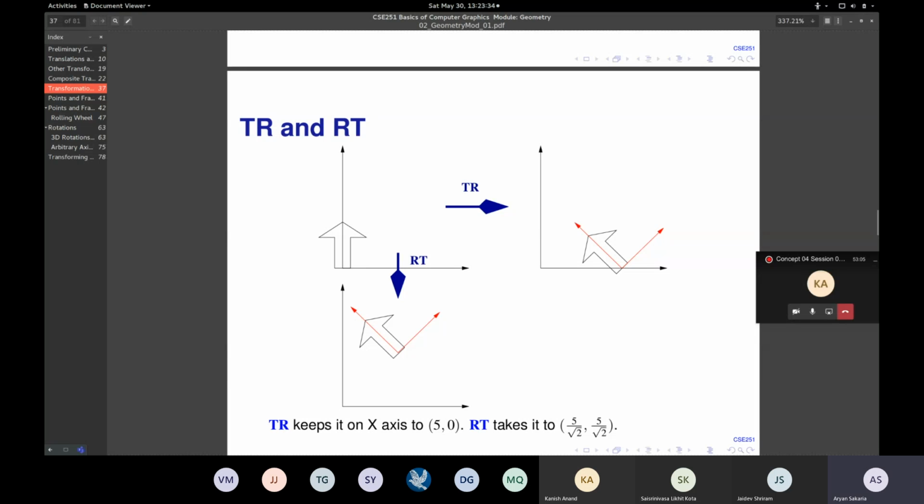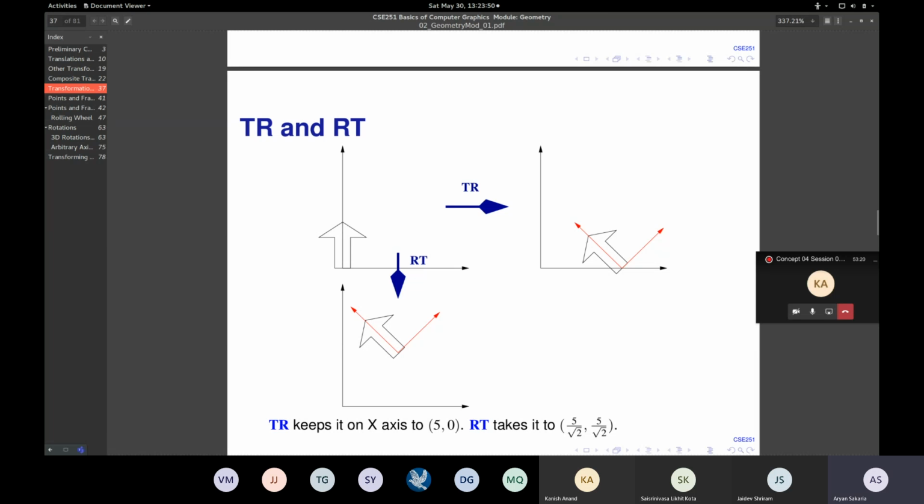So if you do TR, you first rotate about the origin and you get this slanty arrow, and then you translate it, so it's translated in some direction.